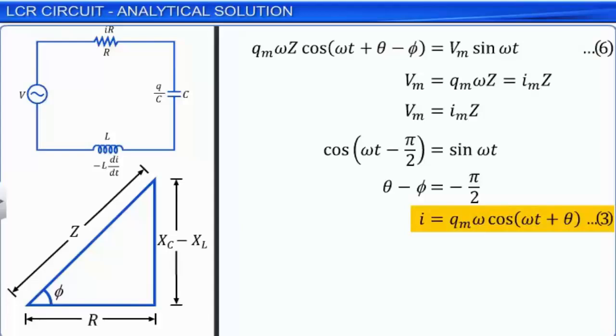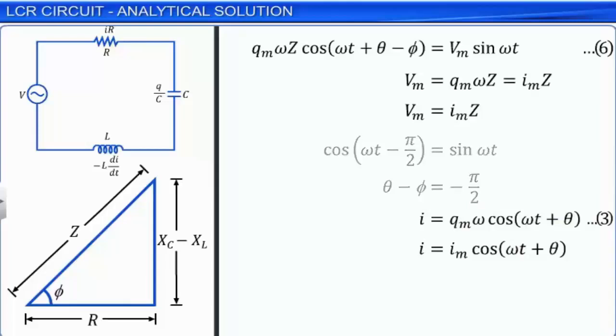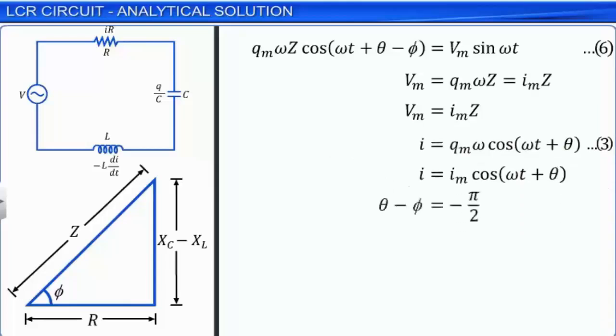Since theta minus phi equal to minus pi by 2, we have theta equal to phi minus pi by 2. We can simplify the above equation as I equal to Im cos(omega t plus phi minus pi by 2). Thus, we have the instantaneous current in an LCR circuit, I, equal to the maximum current in the circuit, Im, into sin(omega t plus phi).